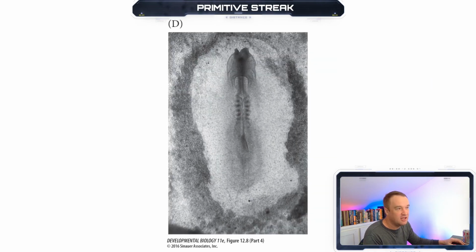And then here we are at 28 hours, and so it has regressed all the way. I would call this the 1, 2, 3, 4, 5 somite stage, and it's closed all the way up. So the primitive streak is gone.